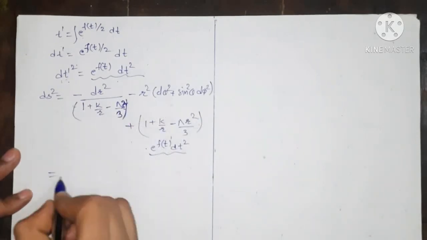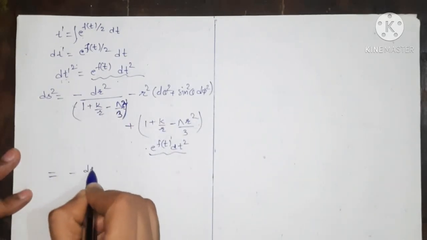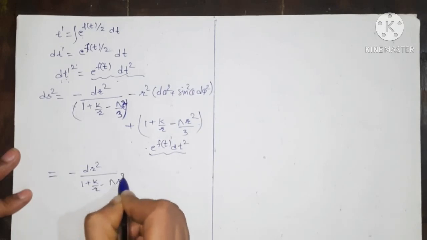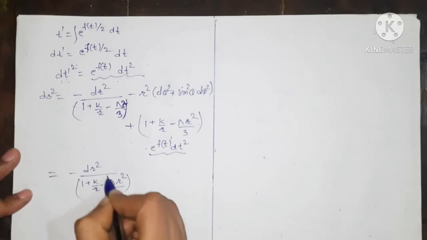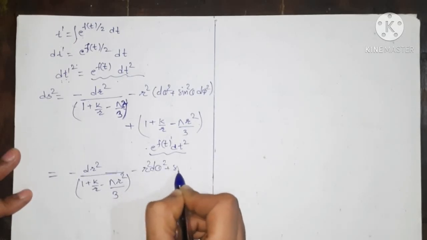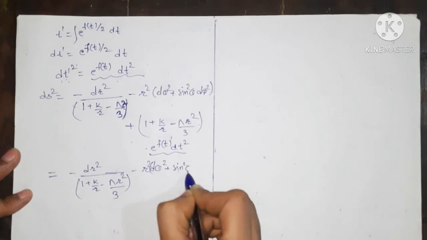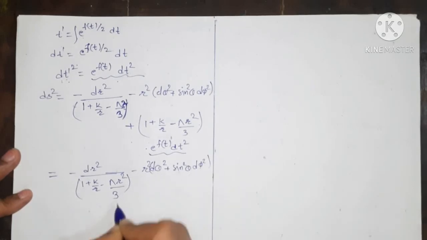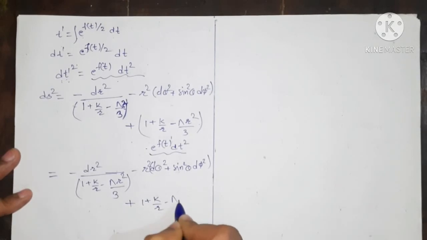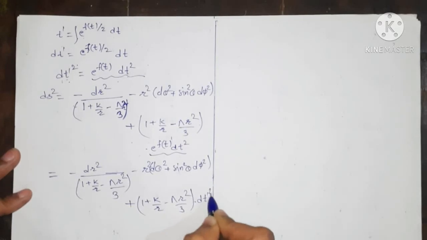So our line element becomes minus dr square upon 1 plus k upon r minus capital lambda r square upon 3, minus r square d theta square plus sine square theta d phi square, plus 1 plus k upon r minus capital lambda r square upon 3 into dt dash square.